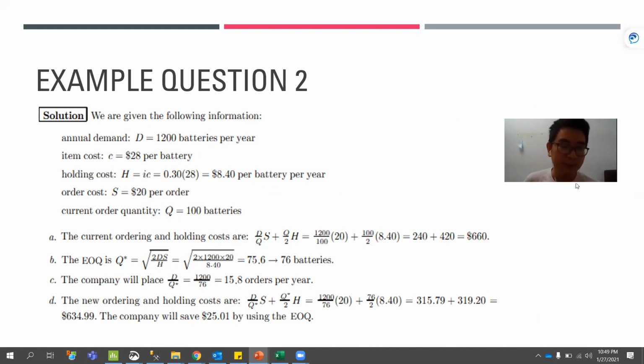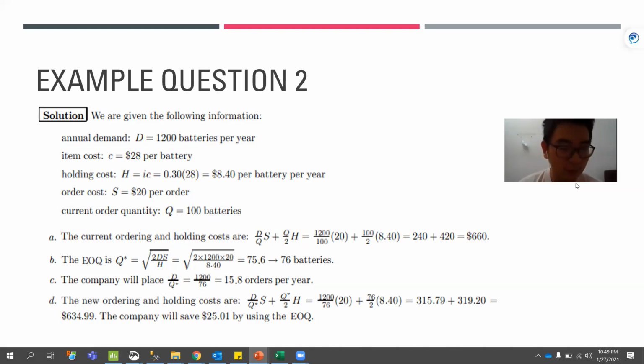So the company will place about 15.8 orders per year. D upon Q is 1,200 divided by 76 equals 15.8 orders. It makes it around 16 orders per year.